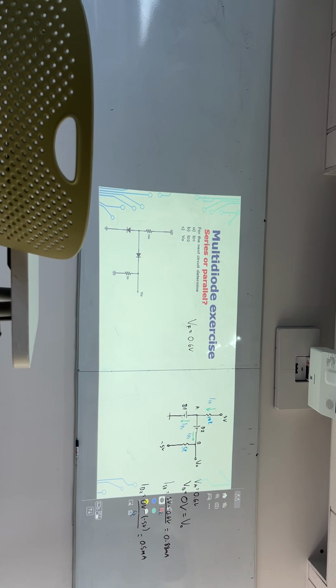Now can you please update these values? 0.44. This one? 0.44 milliamperes. And the other one? 1 milliampere.